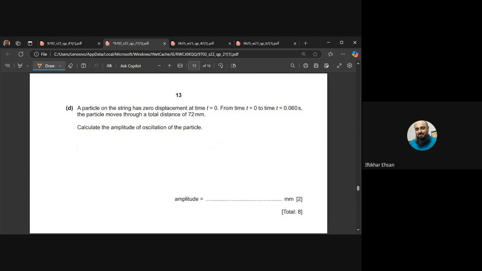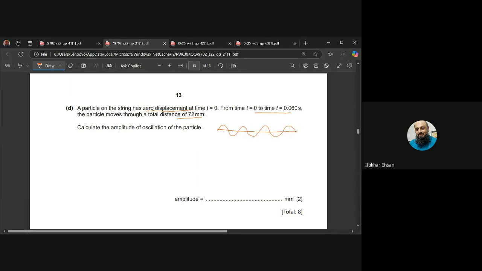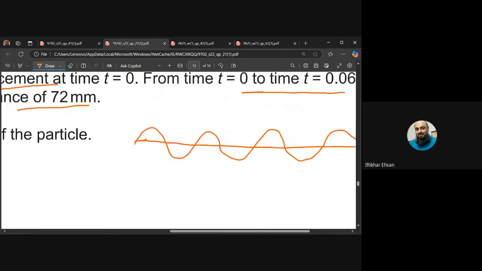Next, part D says a particle on the string has zero displacement at time zero. After this time, the particle moves through a total distance of this. Calculate the amplitude. Look, beta, if this is a wave, the wave is in this form. Beta, in a wave the particle moves vertically.